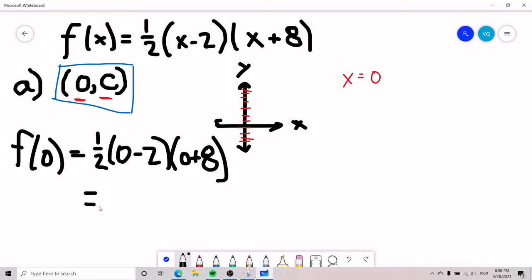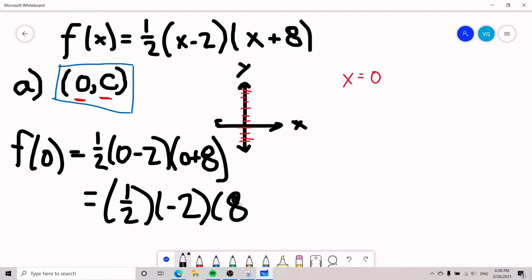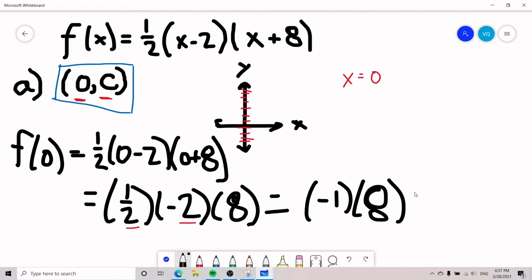So working this out a little bit, I still have the 1/2 times a negative 2 times 8. I'm going to multiply the first two together first, so that gives me negative 1, right? Because it's 1/2 times negative 2 times 8. So now we know that the y-intercept, that c equals negative 8.